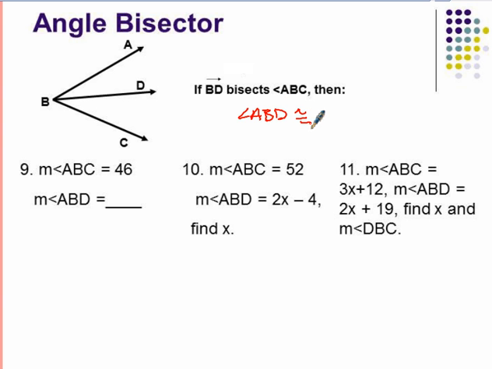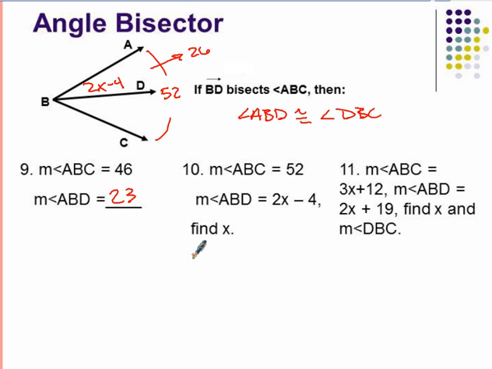An angle bisector, if BD bisects ABC, then what that means is that angle ABD is congruent to angle DBC. It just cuts it into two equal parts. So if ABC is 46, then each one of these is 23. No problem. If ABC, the whole thing, were 52, like it is on number 10, and ABD is 2x minus 4, well, I know that if the whole thing is 52, then this one right here is 26, because that's half of 52.